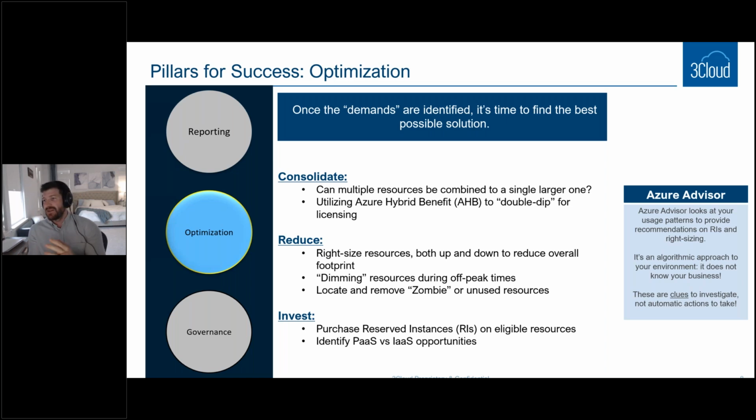And then things like zombie and orphan resources. The important thing to highlight about zombie and unused resources is, and we're going to talk about governance on the next slide, it's really making sure that during an ongoing optimization you keep things, I always call it, pristine. It's very easy for your employees to spin up resources and forget about them.